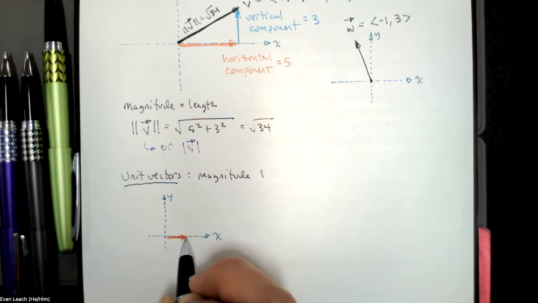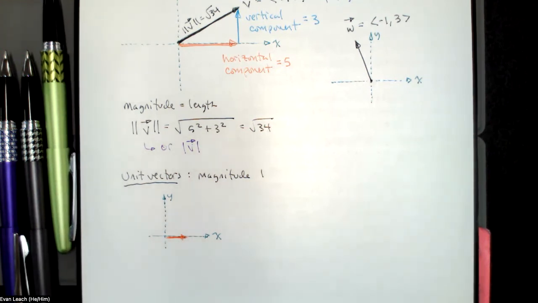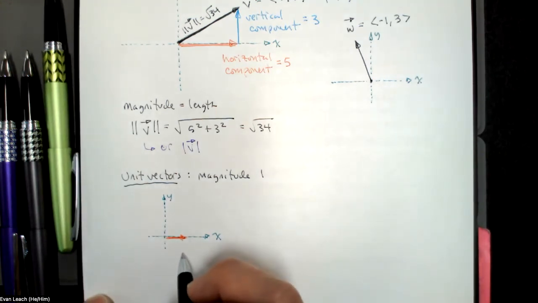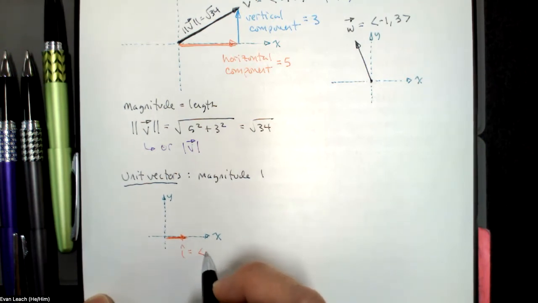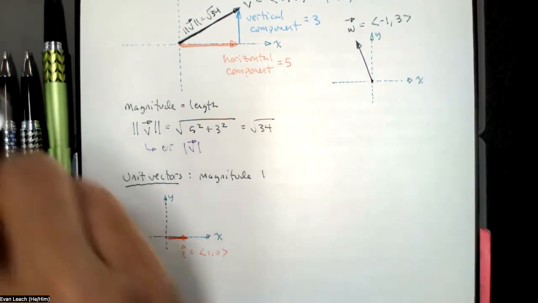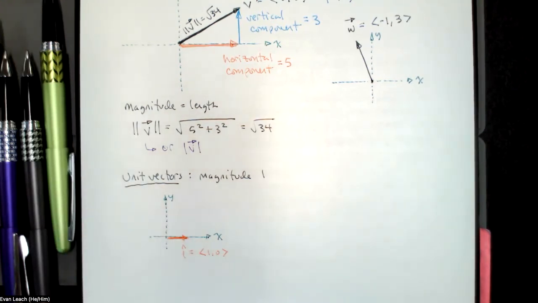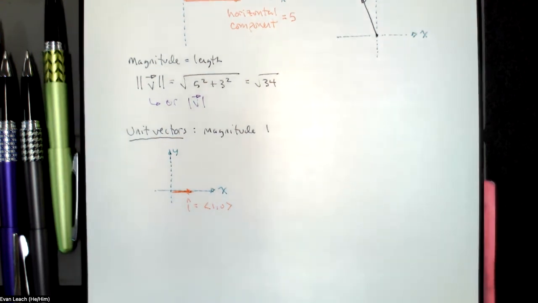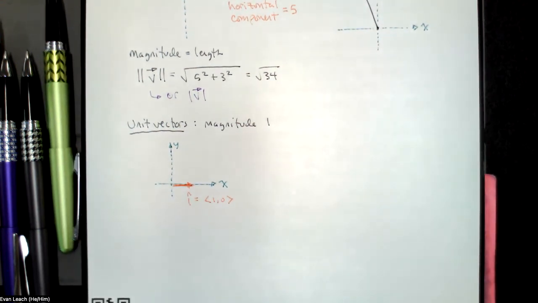And we're going to establish two important unit vectors. One is 1 unit in the x direction. And we're going to have notation for that. It's going to be i with a little hat on it.